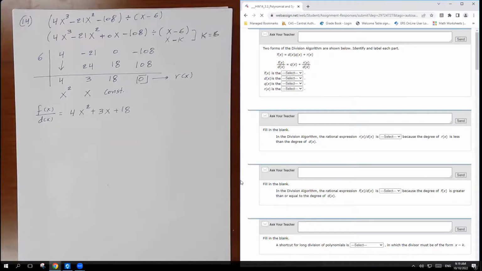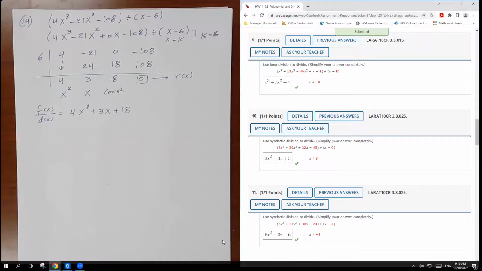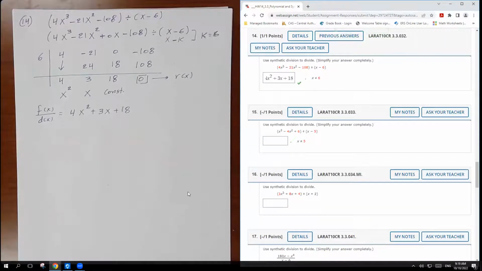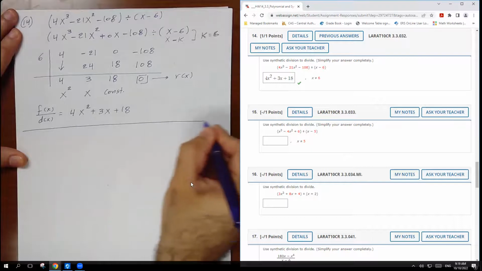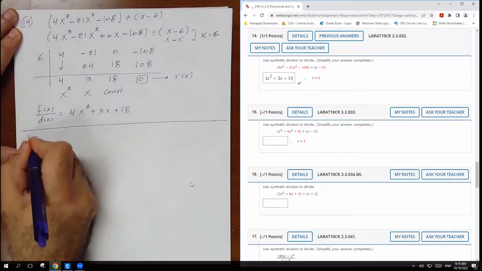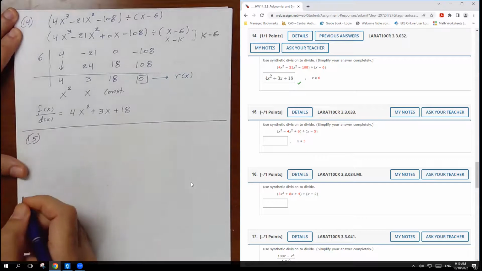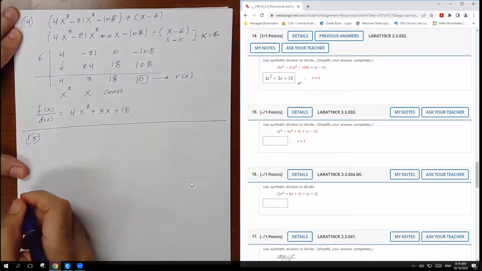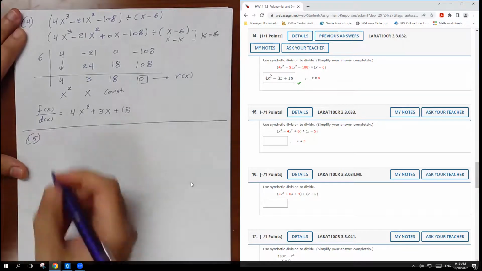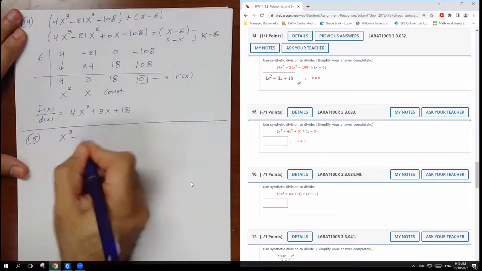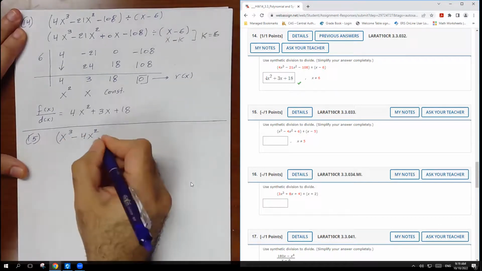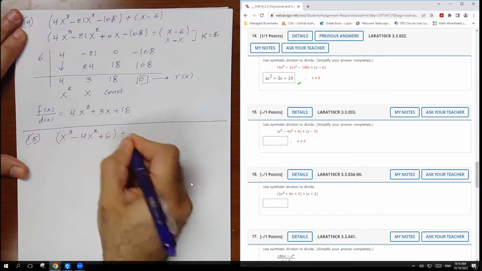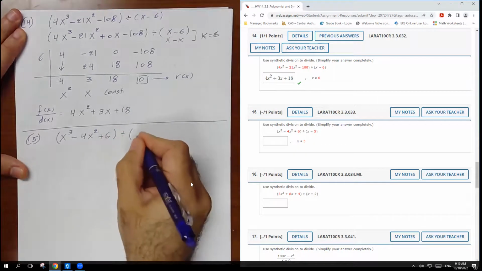We're going to do the same thing with example 15. We have x cubed minus 4x squared plus 6, and everything is divided by x minus 5.